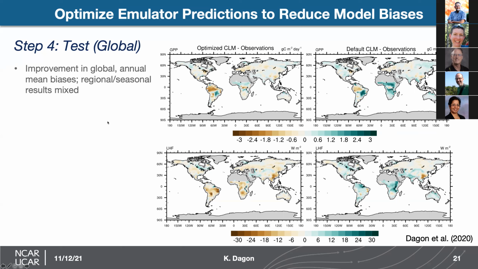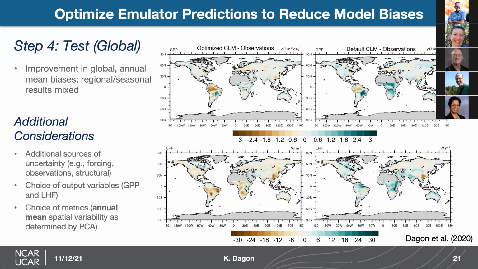So even though we saw improvement in the principal component space, that's not necessarily reflective of the global spatially resolved picture. And there are some potential reasons for this. We haven't accounted for additional sources of uncertainty, like forcing observations, structural uncertainty. We're also very limited in our observations, and so limited in our choice of output variables.